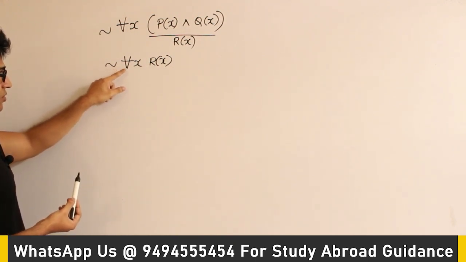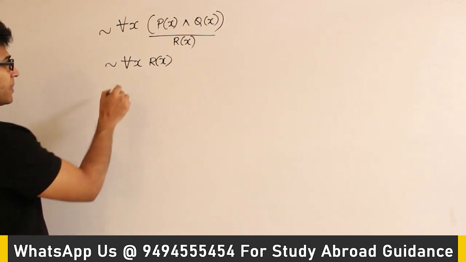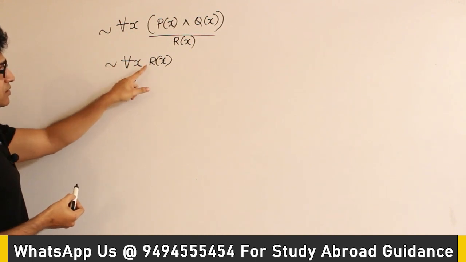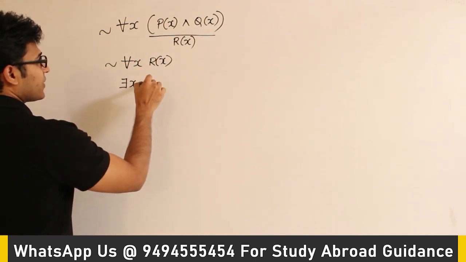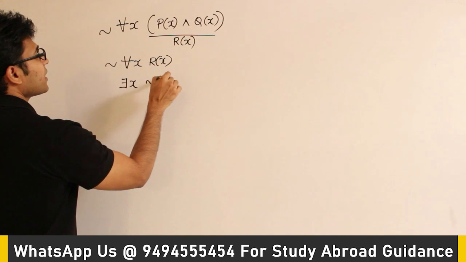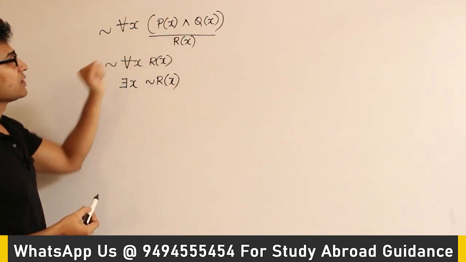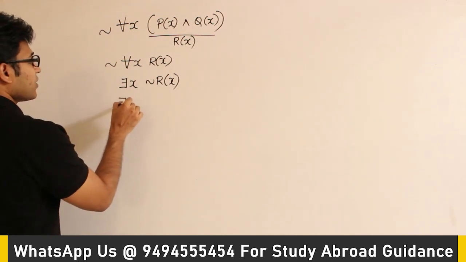So first you apply negation to for all, and it is going to get converted to there exists x, and now you apply negation to r of x. If I apply negation to r of x, it is going to be like this, and now you replace this r of x with this and you will get the answer. So what is it?